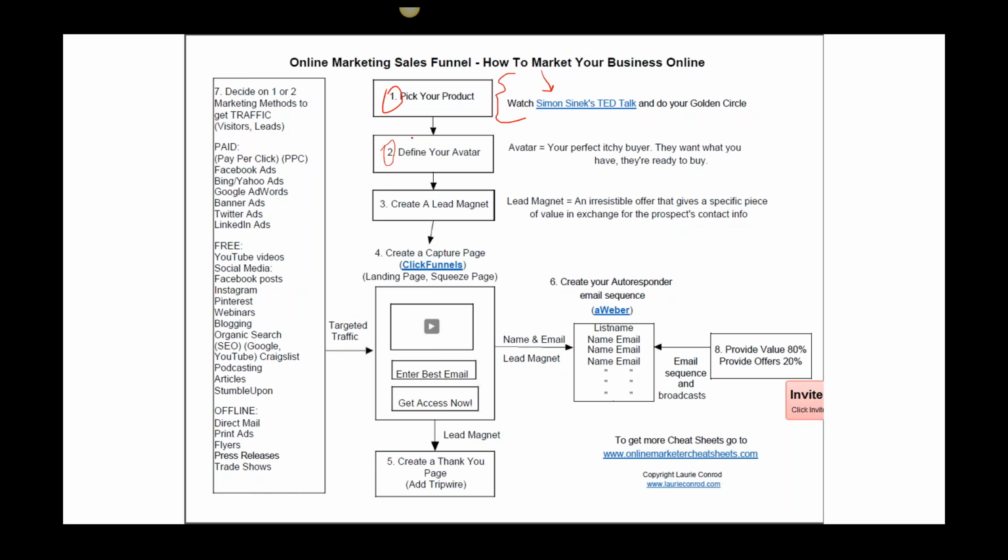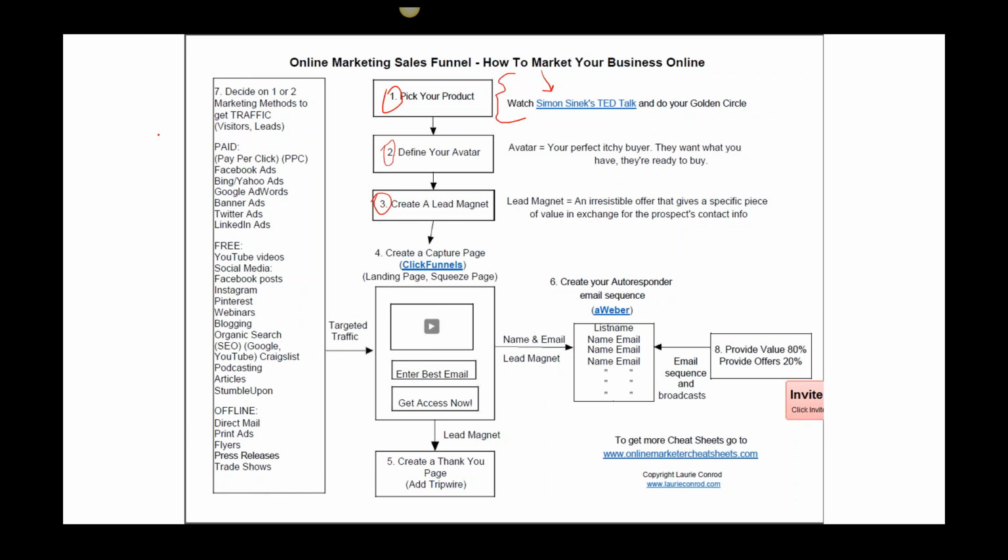The next thing that you're going to do once you define your avatar is figure out something that they would want for free, that they would exchange their email address for, okay? A lead magnet, you got to come up with a lead magnet.